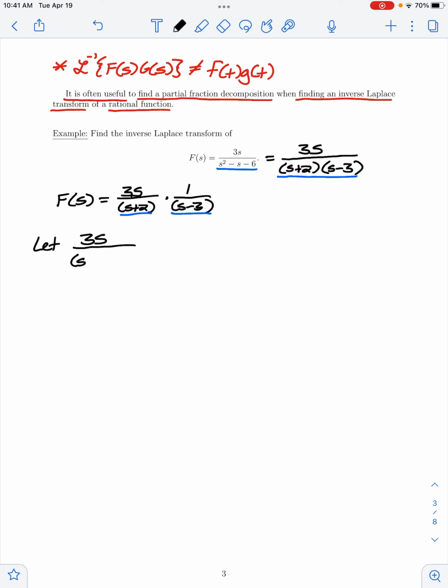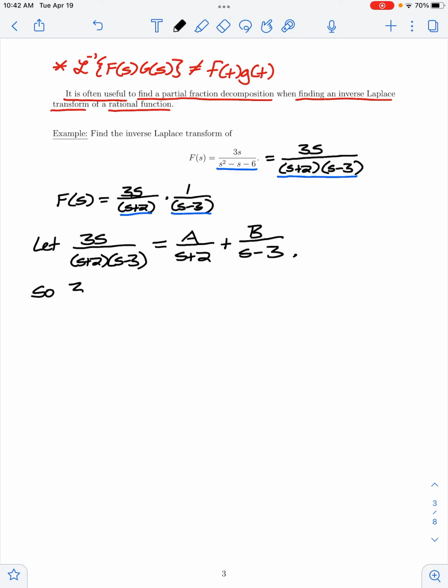Where I would take this single rational function that I have, whose denominator is a product of two linear factors, and decompose it as a over s plus 2 plus b over s minus 3.